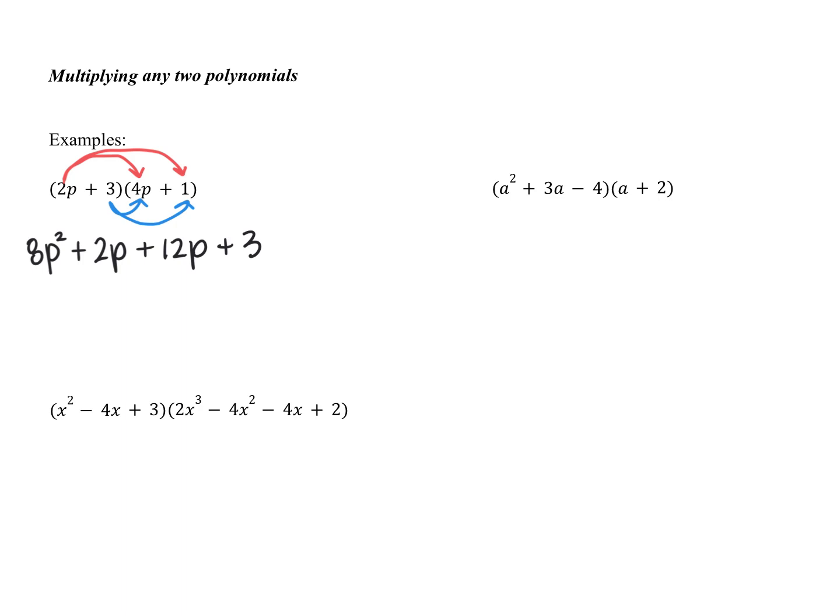After you distribute, that's the first step. Then you're going to combine like terms. Unlike the previous two we talked about, a monomial times a monomial, since there's only one term, there are no like terms.